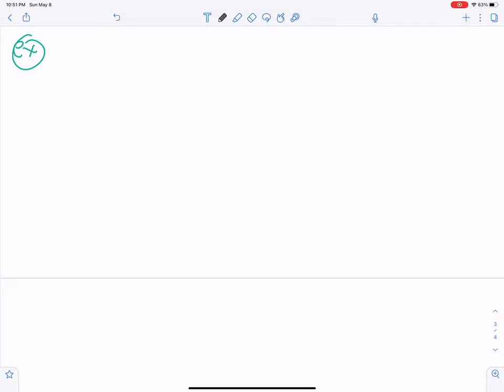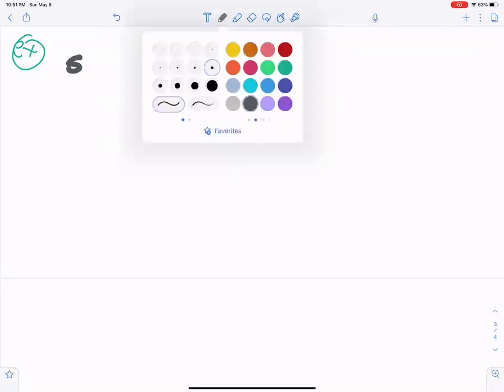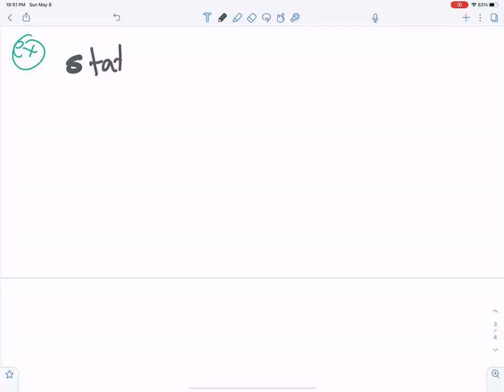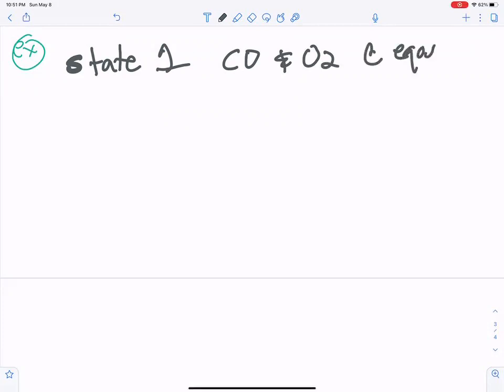Okay, so for this equilibrium problem, we're going to say state 1 of this equilibrium mixture is a mixture of CO and O2 at equal mole proportions.